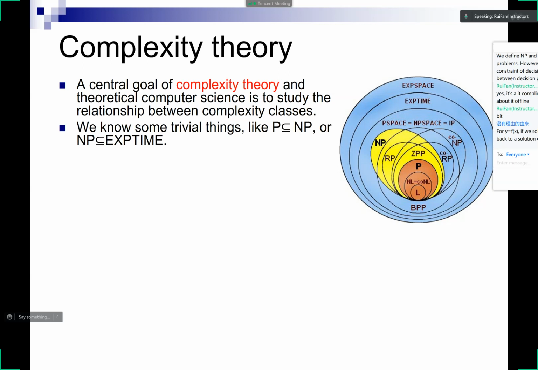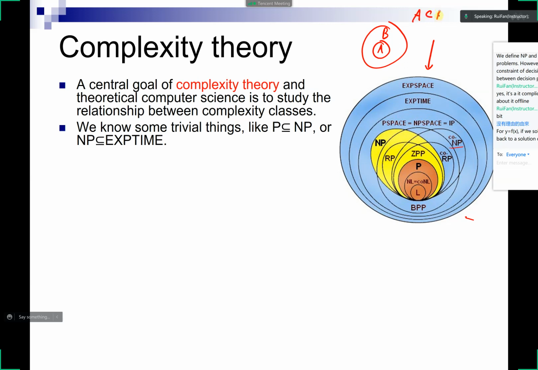In this picture, I drew a bunch of complexity classes. For example, you have P over here, you have NP over here, you have co-NP, and so on. Each of these complexity classes is a set. I'm drawing them in this Venn diagram form, where if you have one thing contained in another, this means that the first set, A, is a subset of B. However, in many of these cases, we don't know whether it's a strict subset.